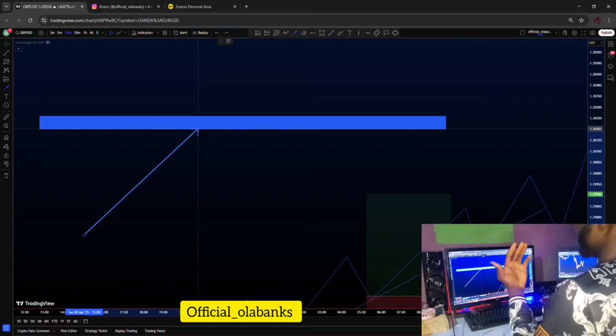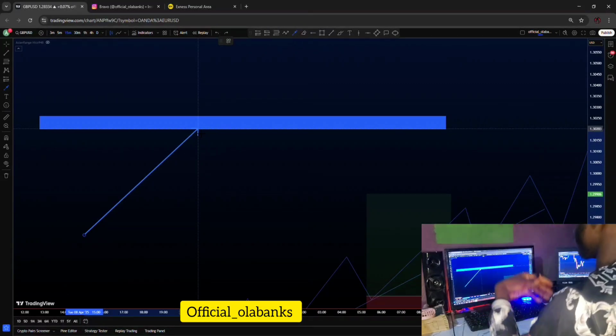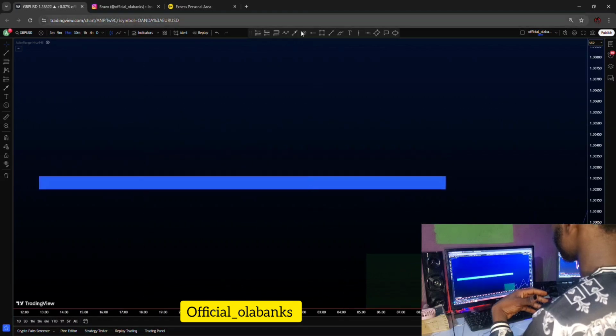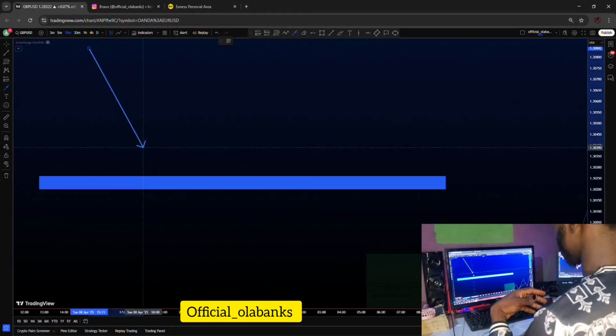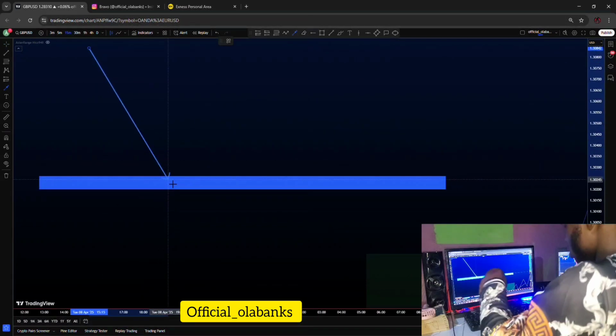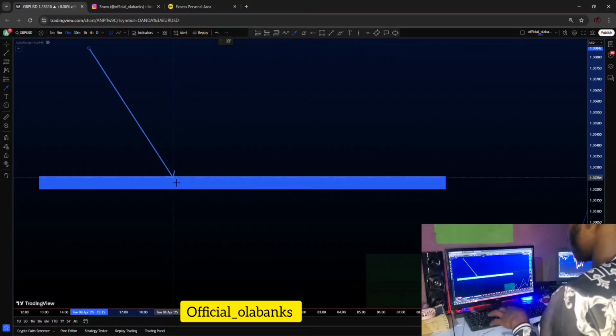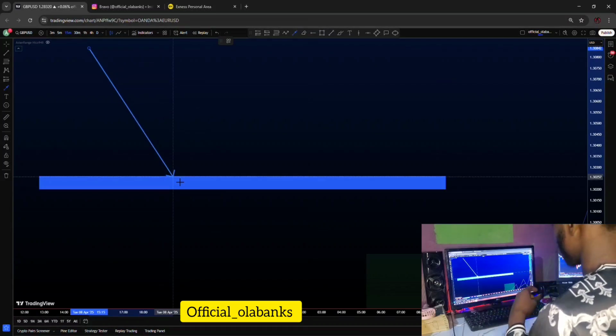Price is resisting it from going above. But if the price is coming from up here and sitting just on top of that level, it is called support.